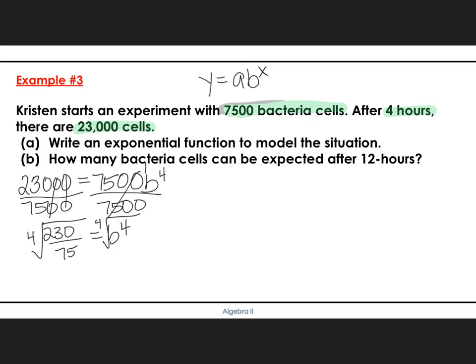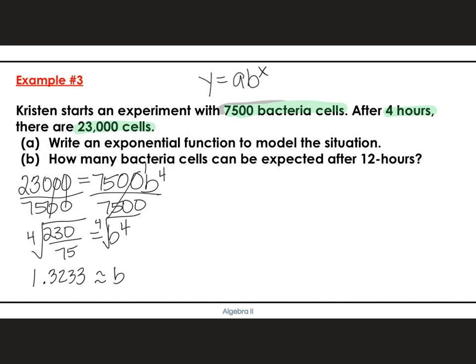I'm going to take the fourth root of 230 divided by 75. And when you do that, you're going to get that b is approximately equal to 1.3233. We're going to do 4 decimal places.